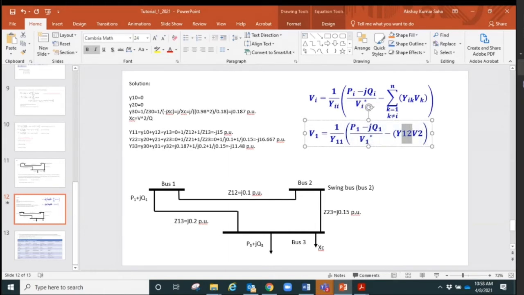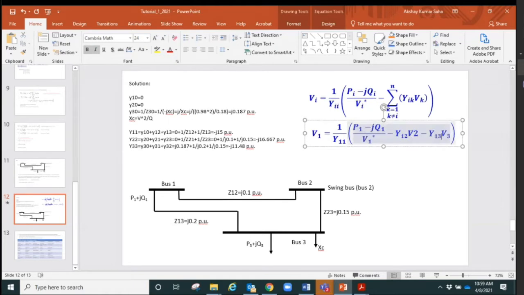So like this, and then plus, I'm using a bracket, or you can remove this bracket straight away and use minus here, minus Y13 V3.